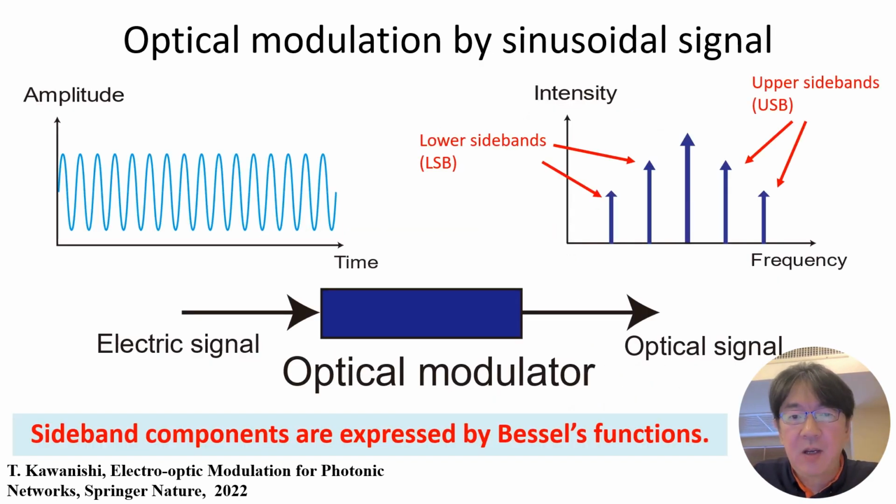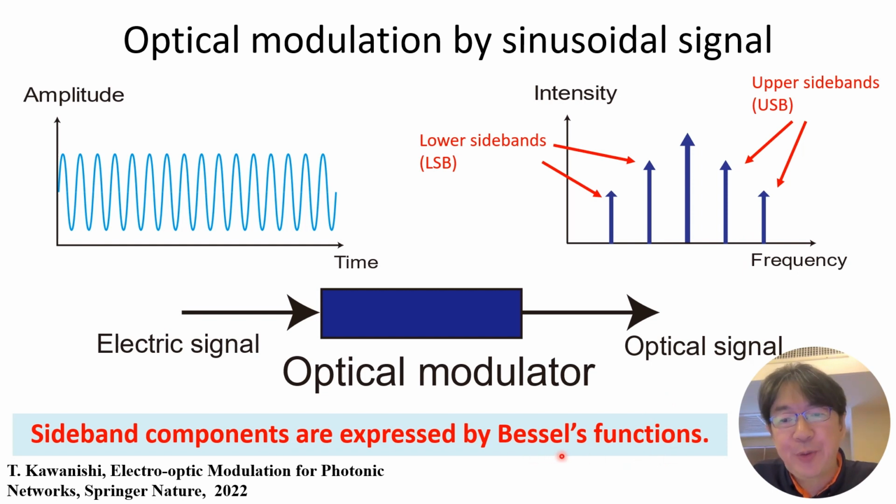As I mentioned, through the amplitude modulation, we can generate upper sideband and lower sideband. But we have to use the more complex mathematical expression. Actually, the sideband component intensity should be described by Bessel functions.